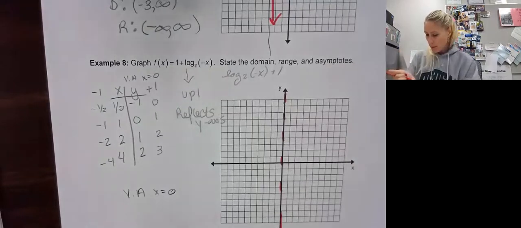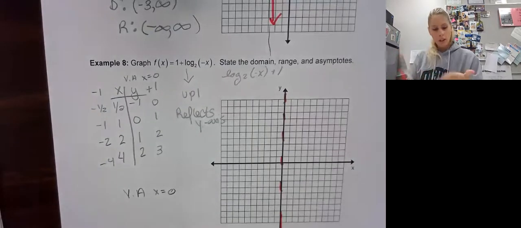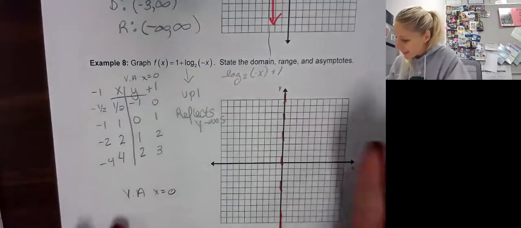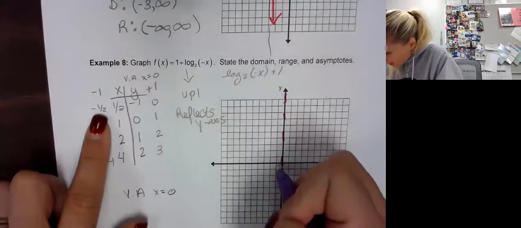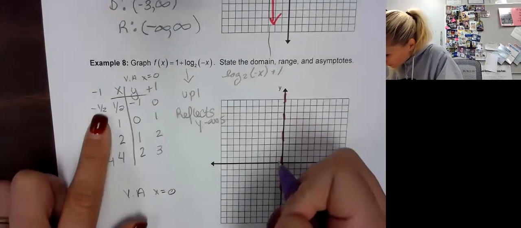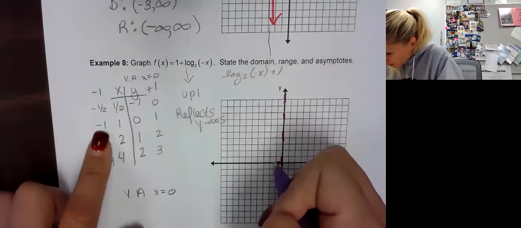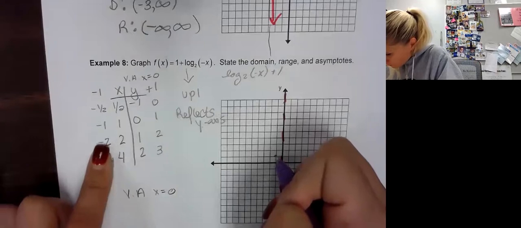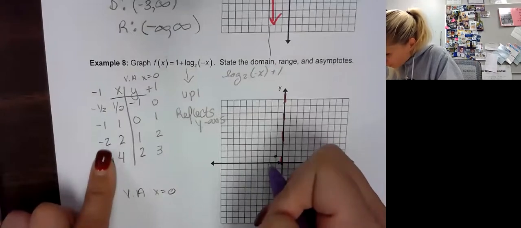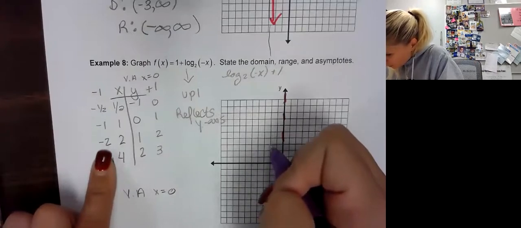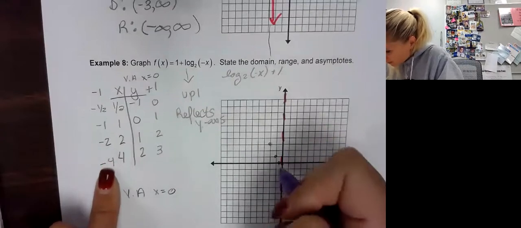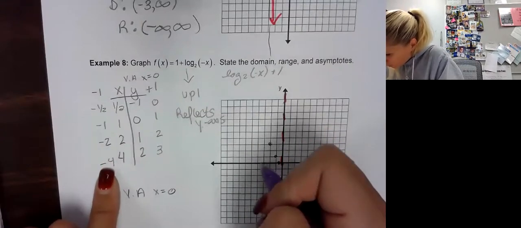Now I'm going to plot my points. Oh, I just colored my hand. So -1/2, 0, -1, 1, -2, 2, -4, so 1, 2, 3, 4.